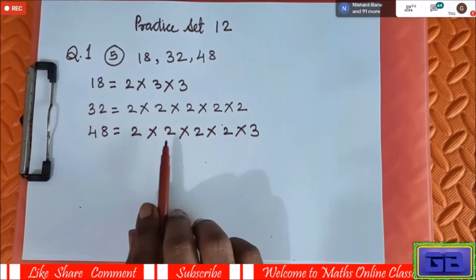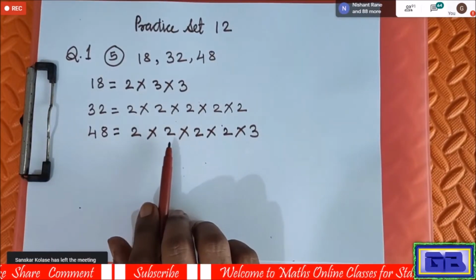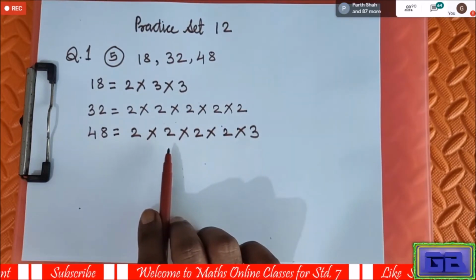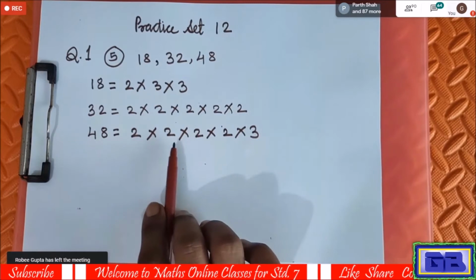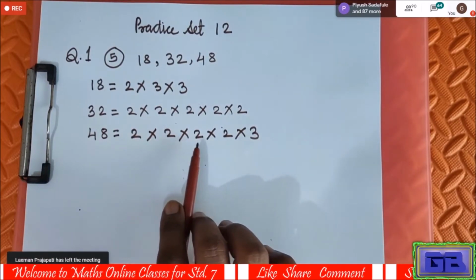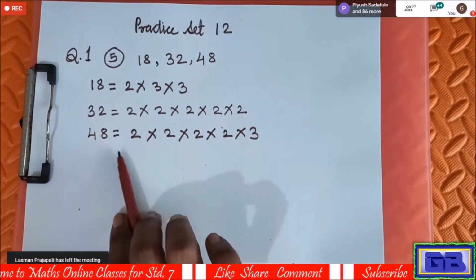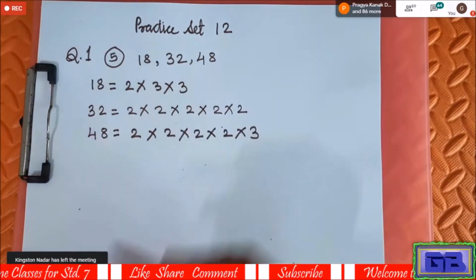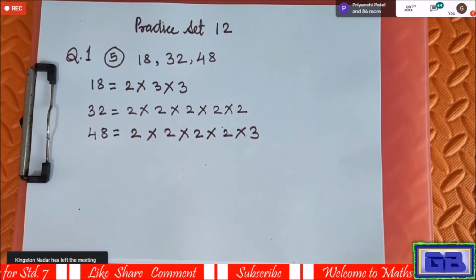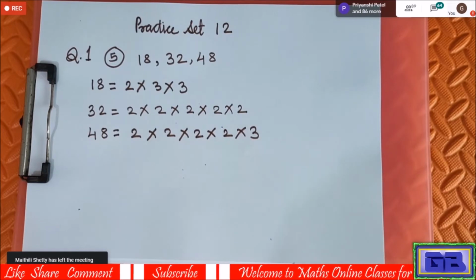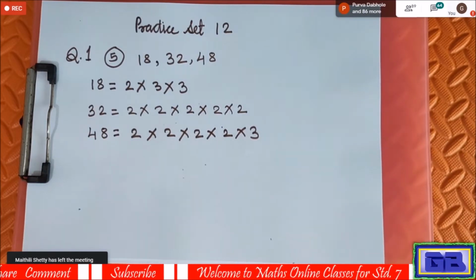It means the bigger number I have taken in mind, I have written its factors. Again the second number comes to mind, so we take that number's factors. So in one step we can write all prime factors. Otherwise you can make steps also. If you do it that way, your answer will also be considered correct.